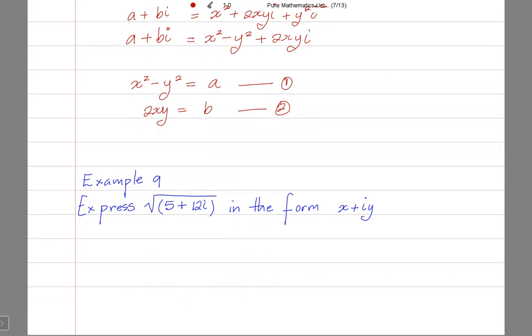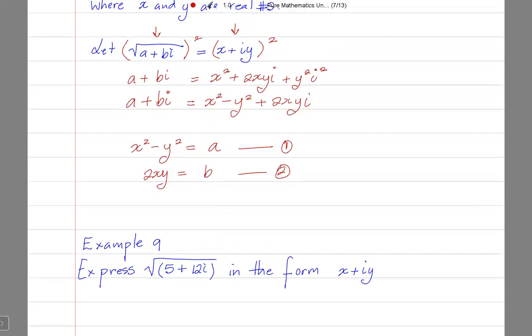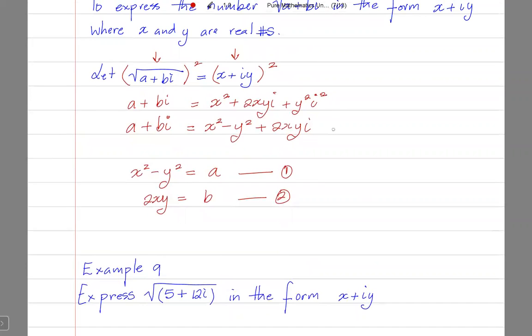Example 9 says, express the square root of 5 plus 12i. Go ahead, when you separated the equation, you said one is real and the other is... What we have at this level is that two complex numbers are equal. If two complex numbers are equal, their real parts are equal.